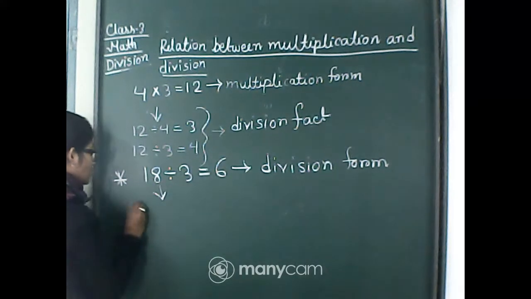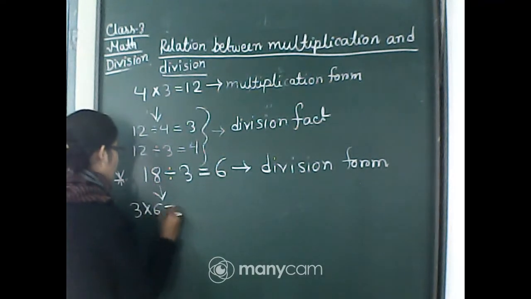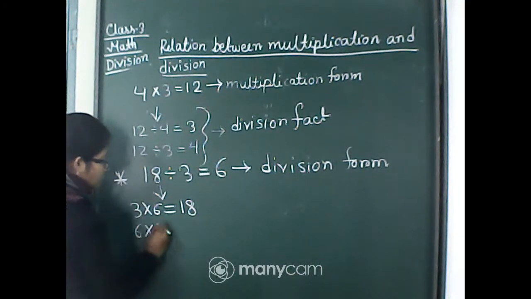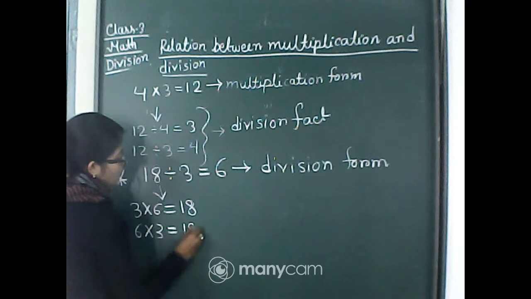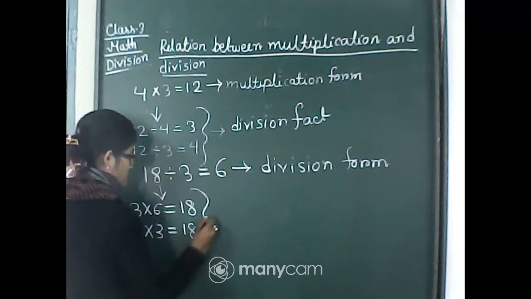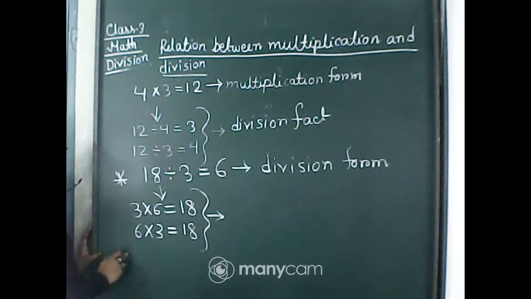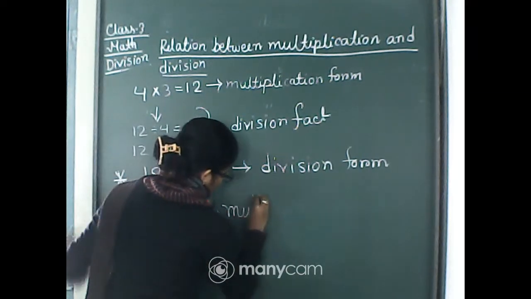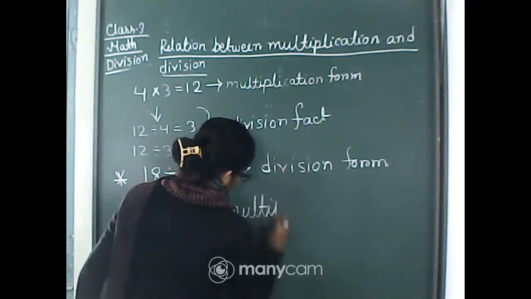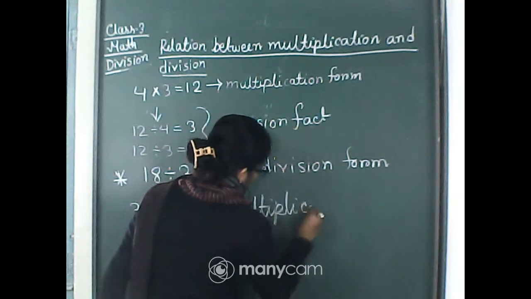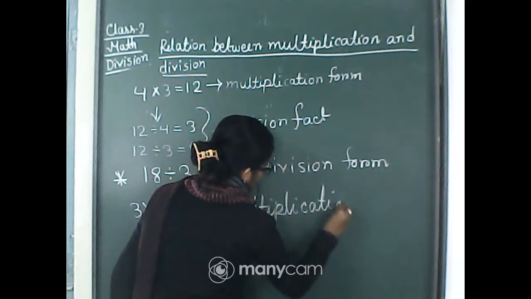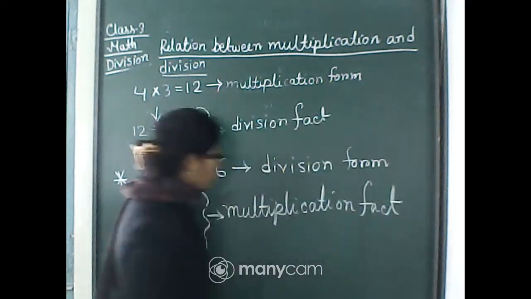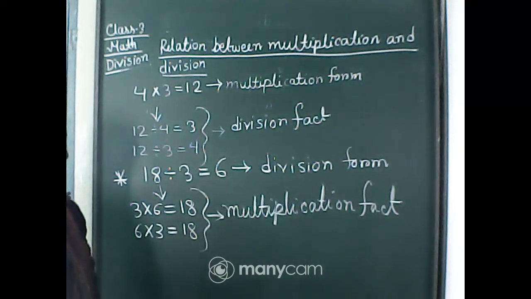So like this, 3 into 6 equal to 18, and also 6 into 3 is also 18. So these two are the multiplication fact of this division fact, okay?